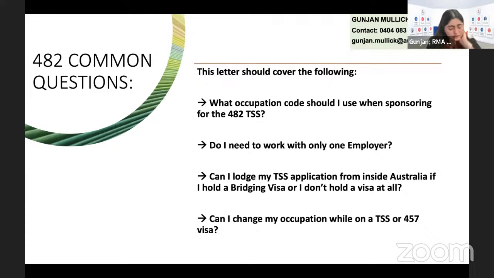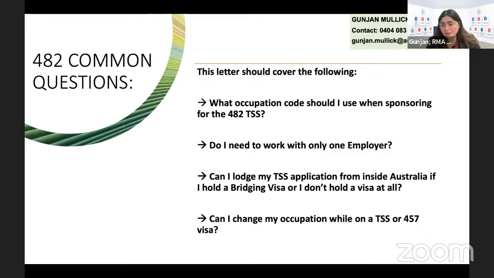Abhishek is asking, if the 482 nomination is approved, what is the probability of visa approval? That's great. If your nomination has been approved, then for the 482 visa make sure that you have met the English requirement. Make sure whether you fall under the mandatory skill assessment, because for 482 there are some occupations where there is a mandatory skill assessment, but if you're exempted, that's great.